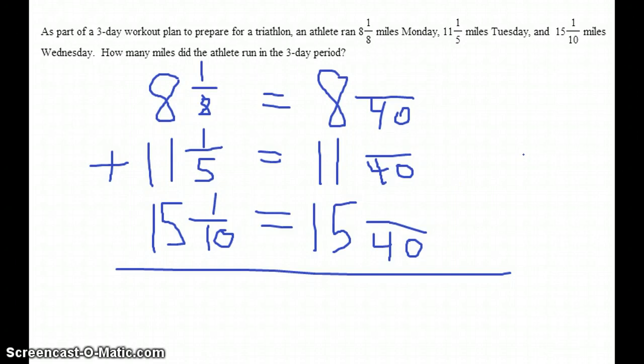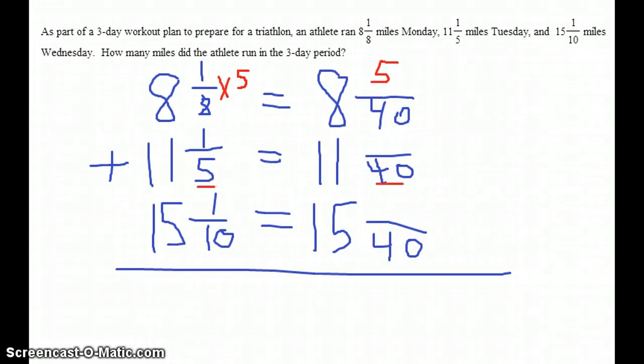The next step is to find each missing numerator. So up here with the first fraction, how many times does 8 go into 40? Alright, that will go 5 times. So we multiply 1 times 5 to give us 5.